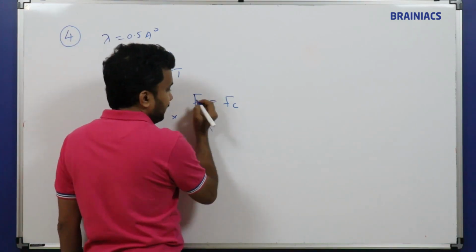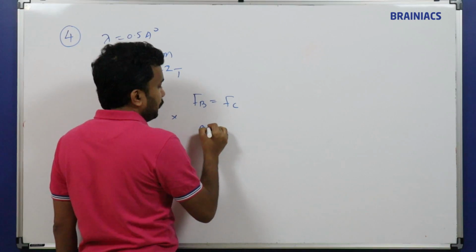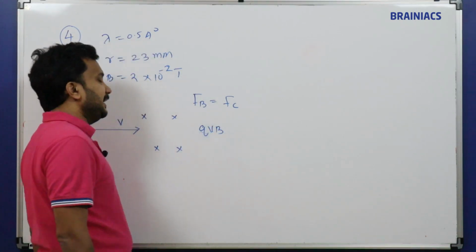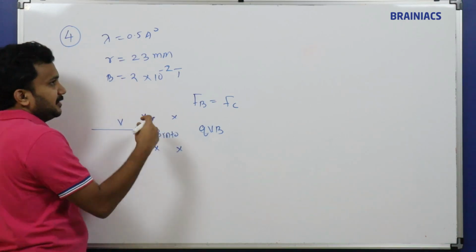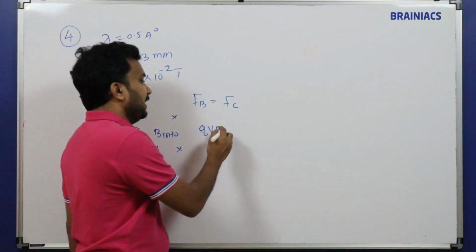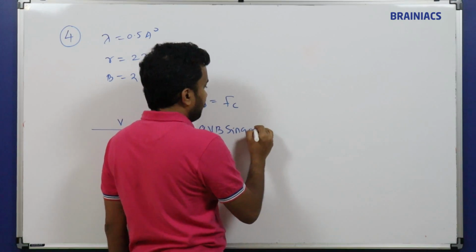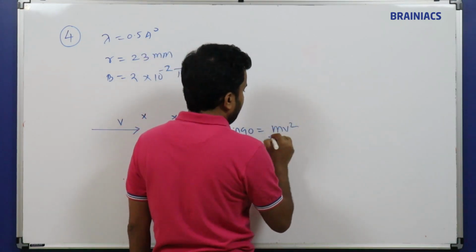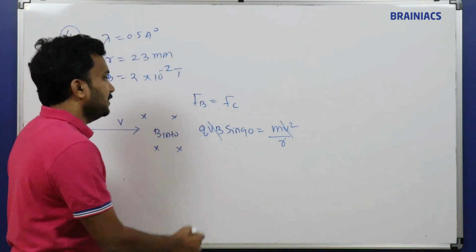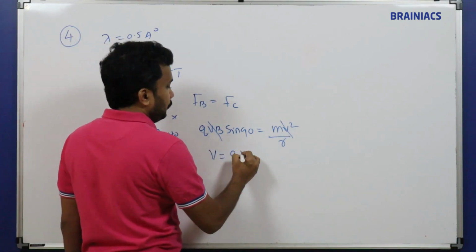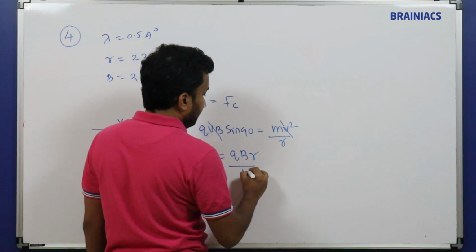So the magnetic force FB is equal to QVB sin theta, sin 90, because the angle between the velocity vector and the magnetic field is perpendicular. Q into V cross B is equal to mv square divided by R. So this V gets cancelled, and we get V equal to QBR divided by M.